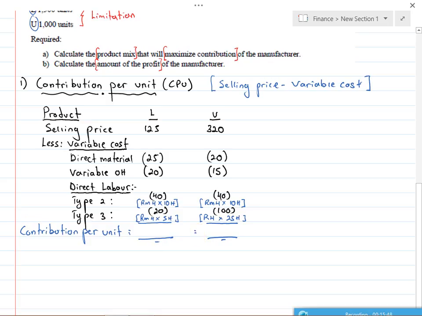Take your selling price minus all the variables. Here you will get 20, and here you get 105.